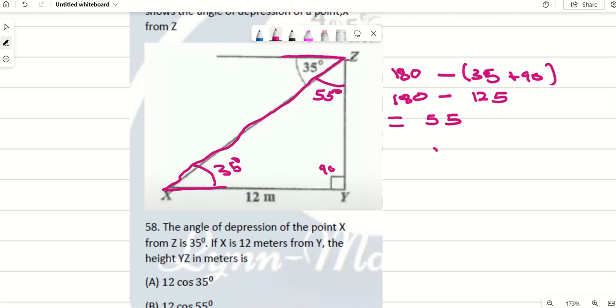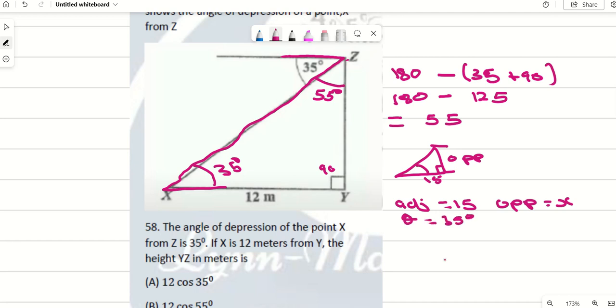If we use this triangle here, we say this is 35 and we're trying to find the opposite, and this is 12, the adjacent. So the triangle with the angle and the 90 degrees, your opposite, let's say that's X, and then we're using theta is equal to 35 degrees.